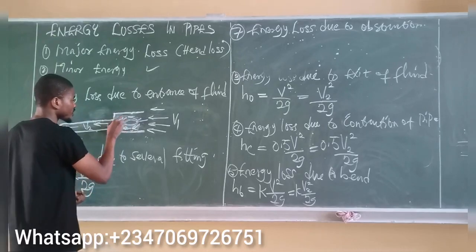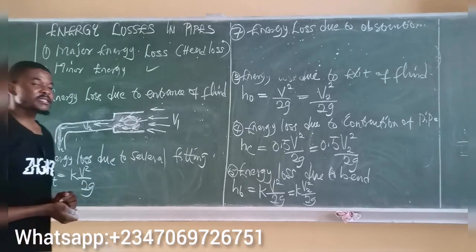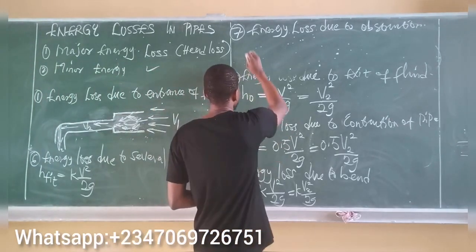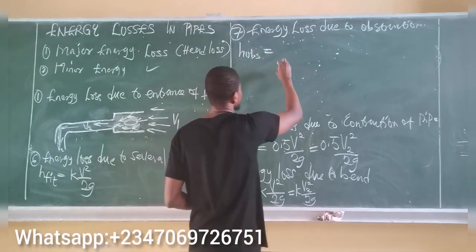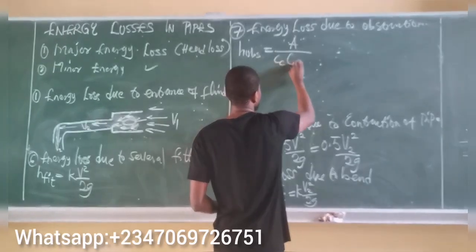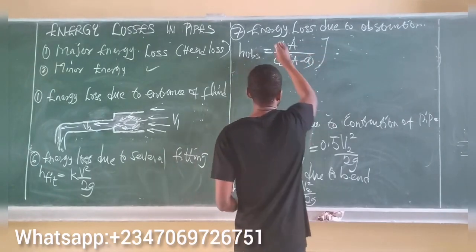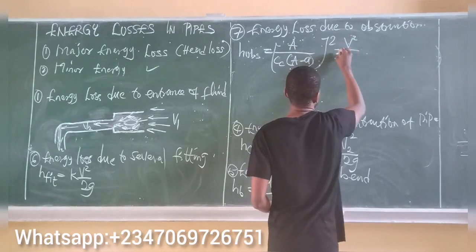That will cause a loss of energy in the fluid. We call that energy loss due to obstruction, and to calculate that, we make use of the formula: head loss due to obstruction is equal to A all over Cc into (A minus a) all squared, multiplied by V squared all over 2g.